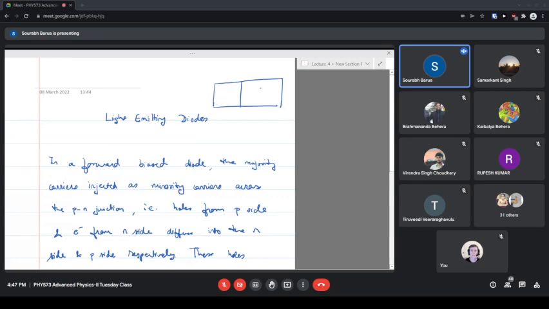As you go away from the depletion region, the concentration of these minority injected carriers is going down. That is what I've tried to show here. And why do they go down? Because they recombine. This injected electron recombines with the many holes that are there. Similarly, this injected hole recombines with the many electrons which are there. And so the concentration also goes down.